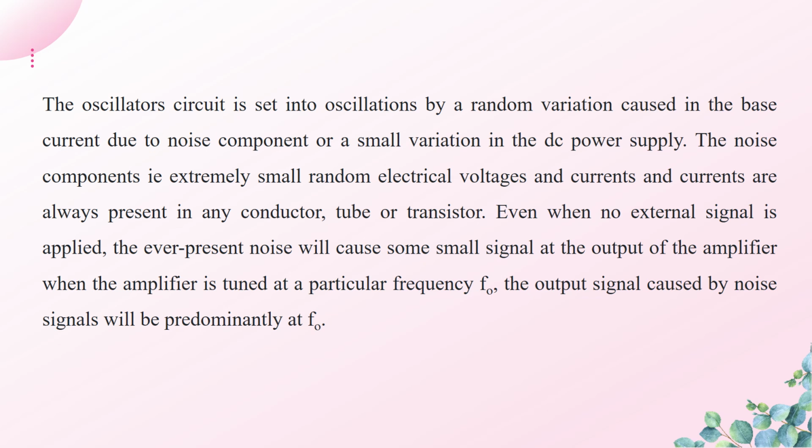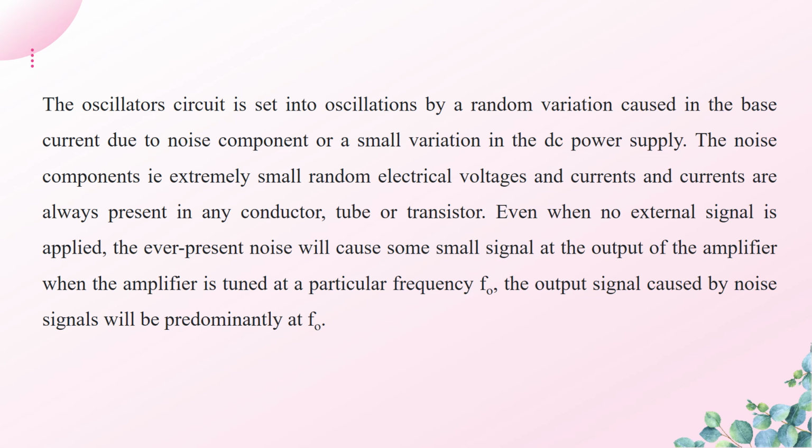So the oscillator circuit is set into oscillations by a random variation caused in the base current due to noise component or a small variation in the DC supply voltage. The noise component is extremely small, random critical voltages and currents are always present in any conductor.